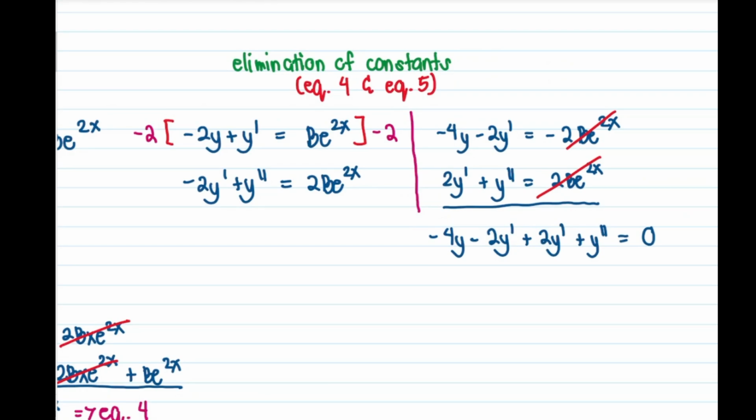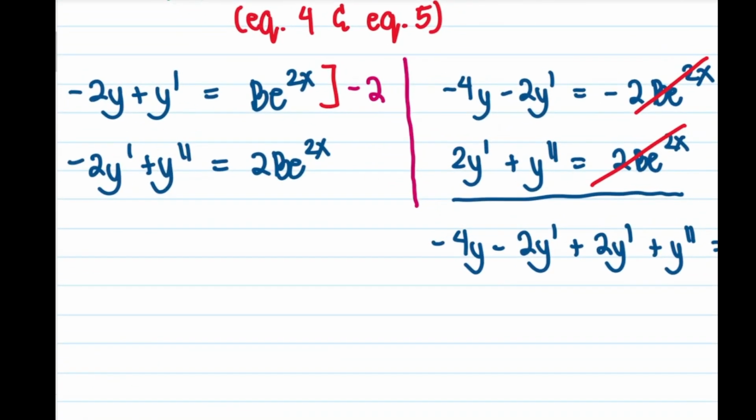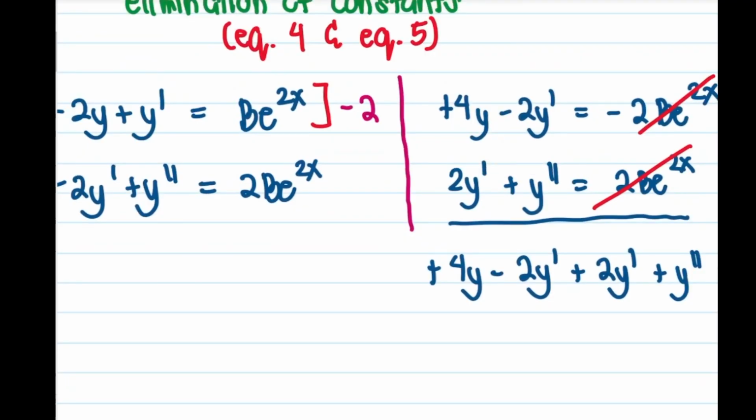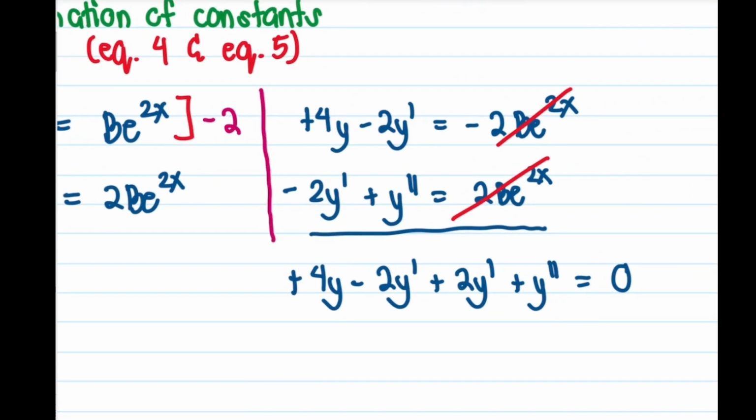Sorry, I think I have a wrong solution. So this one will be positive 4y, because negative 2 times negative 2 is positive 4. Okay? The signs here as well are wrong. So this one will be negative 2y prime, negative 2y prime.